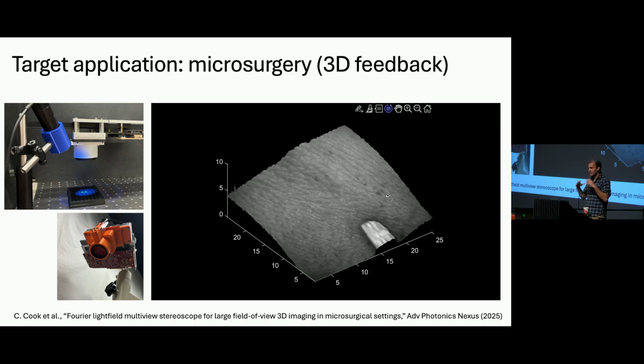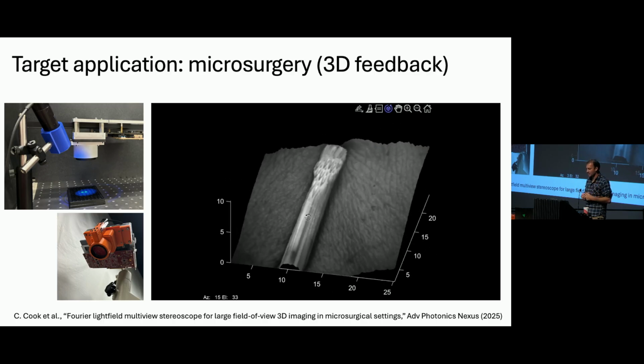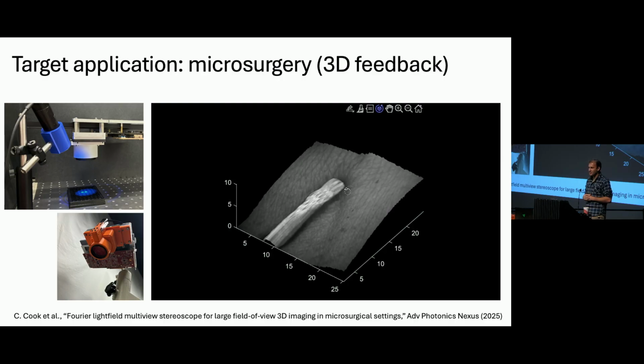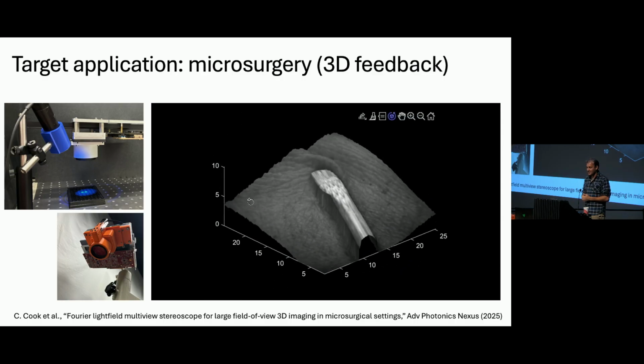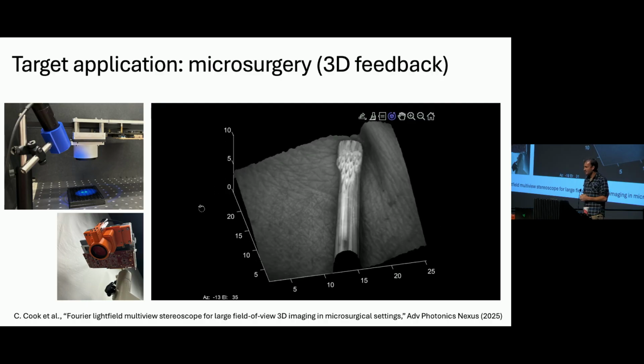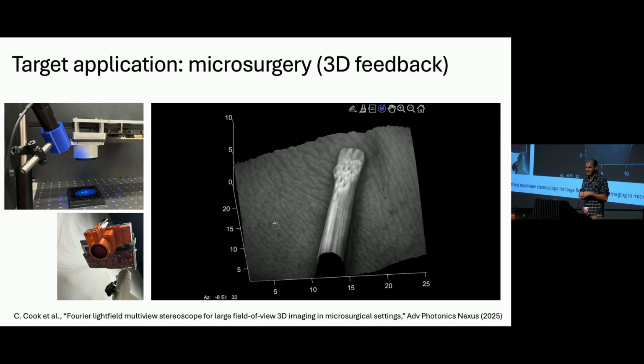The catch term for that is microsurgery. I'm not going to show gross surgical videos, but you can judge from these videos of just skin and a dried rat skull that it's suitable technology.